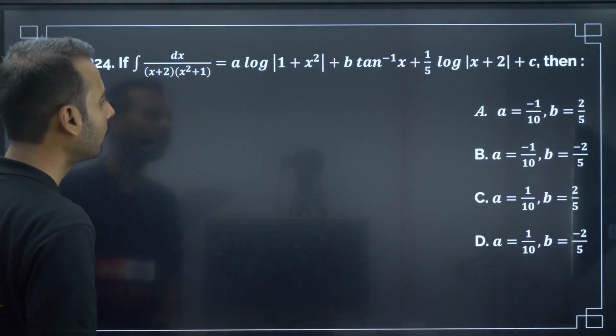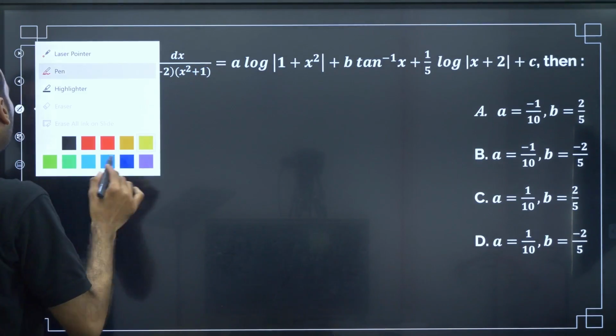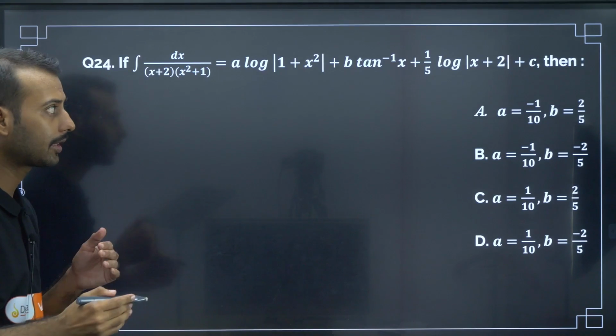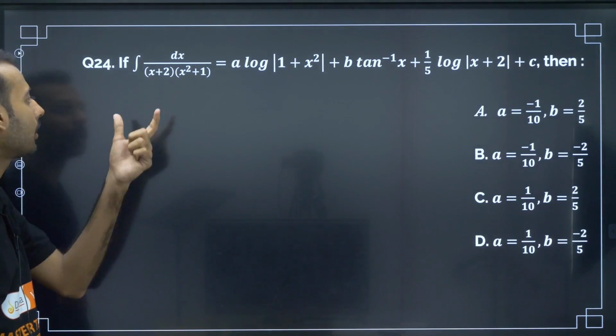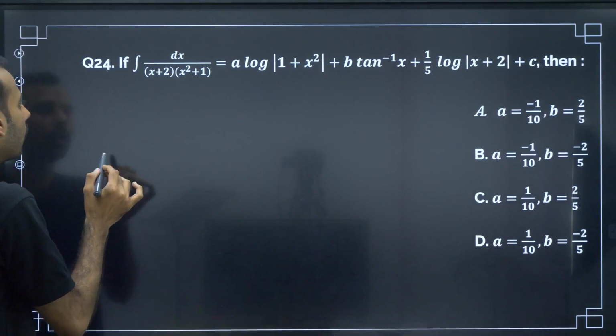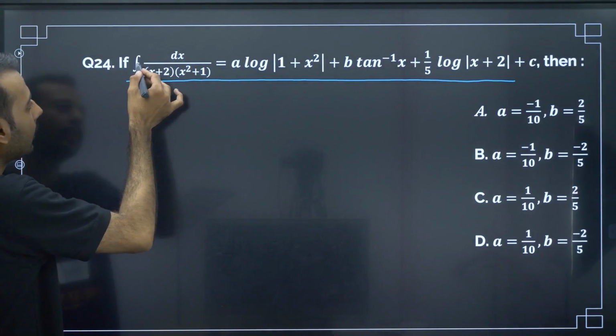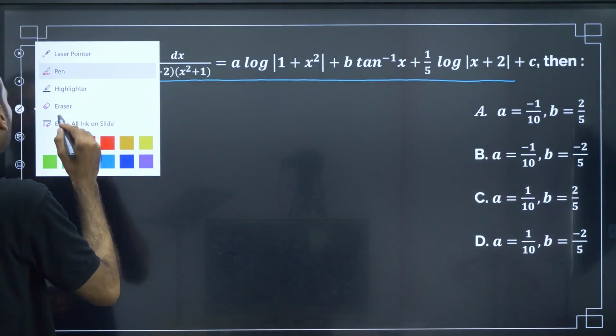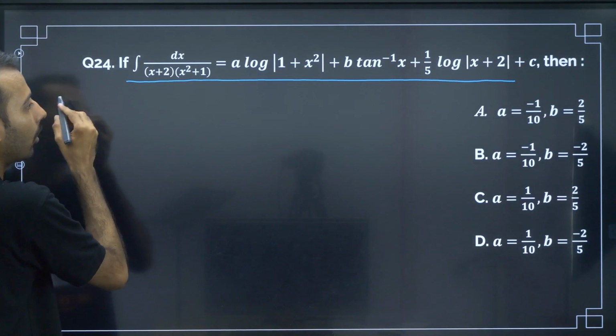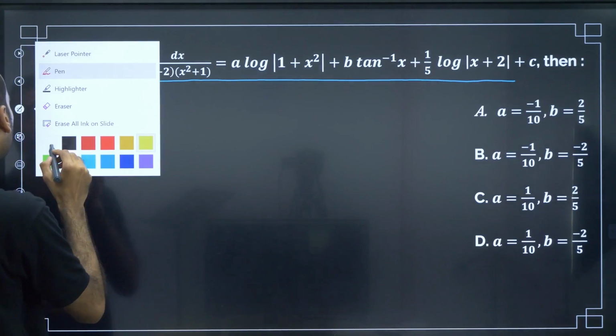Next. Now the next question, this type of problem, such a pattern of problem, is the third problem of this type that we are solving in this video itself. Now they have given an integration and on this side there is no integration, so we have to go for it.